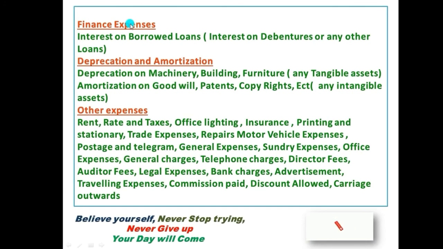Next is finance expenses, or we call this finance cost. Under this, interest on borrowed loans like interest on debentures or any other loans borrowed by the company, for which the company needs to pay interest. We need to open the working note here and record it under this working note. Then only the total interest we need to record under finance expenses or finance cost.